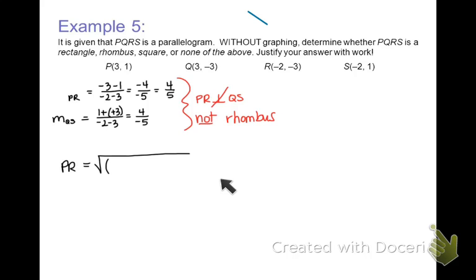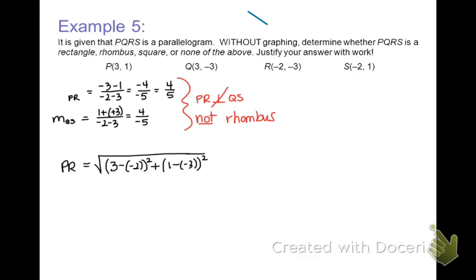So if I'm looking at P and R, here's P, here's R. So I'm going to find the difference in the x values, which would be 3 minus a negative 2 squared. Don't forget to square it. And then we're adding the difference in the y values between those 2 points, which would be 1 minus a negative 3 squared.